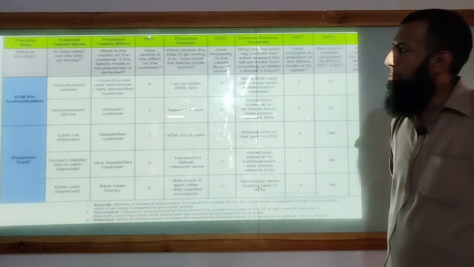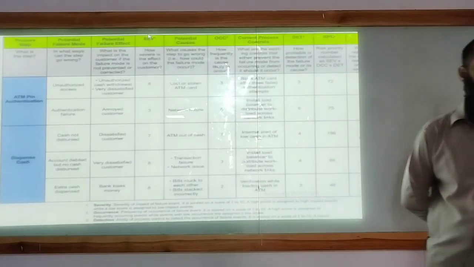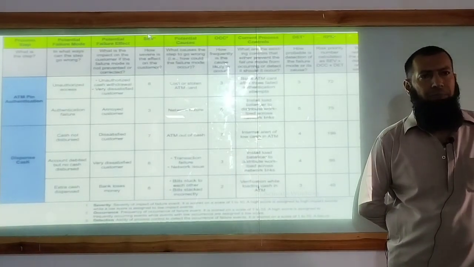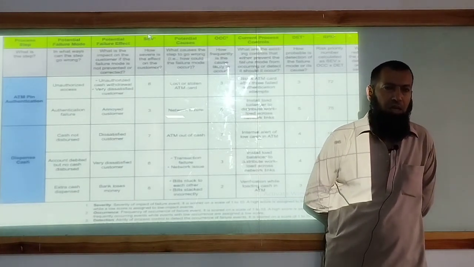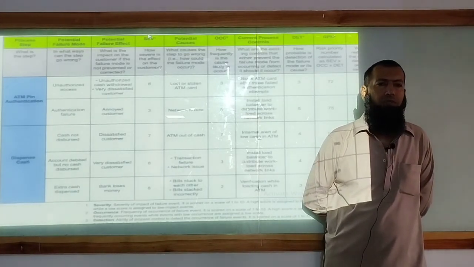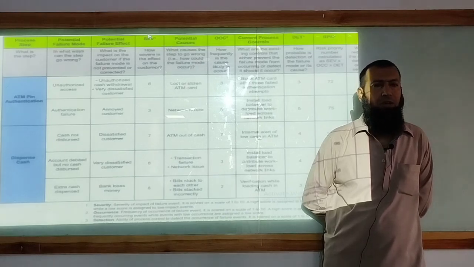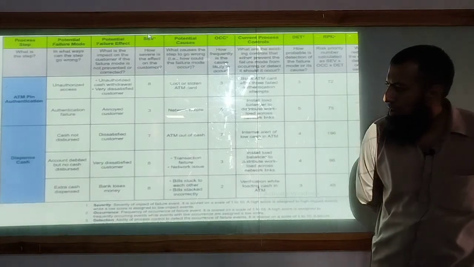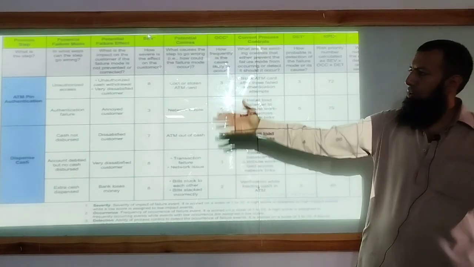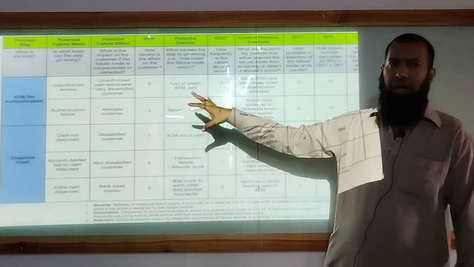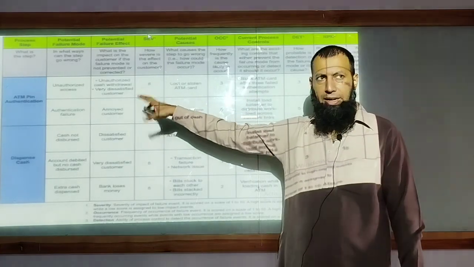There are process steps, and basically in every process step you need to see what the failure mode effect analysis is. So first is the authentication of the ATM card pin, and the second is the disbursement of the cash or dispense cash. These are the two process steps, and we start looking at the ATM pin authentication.